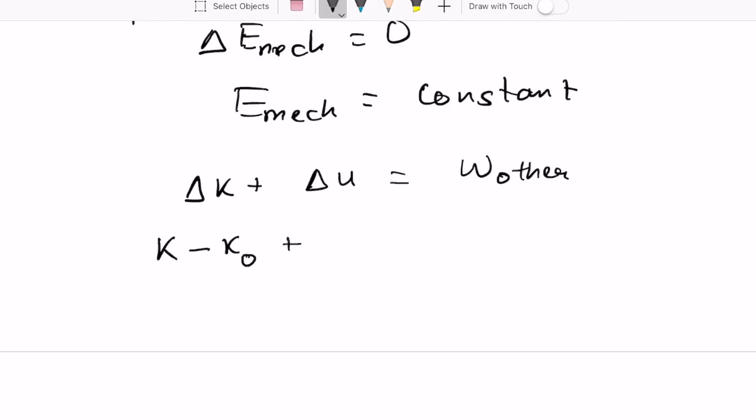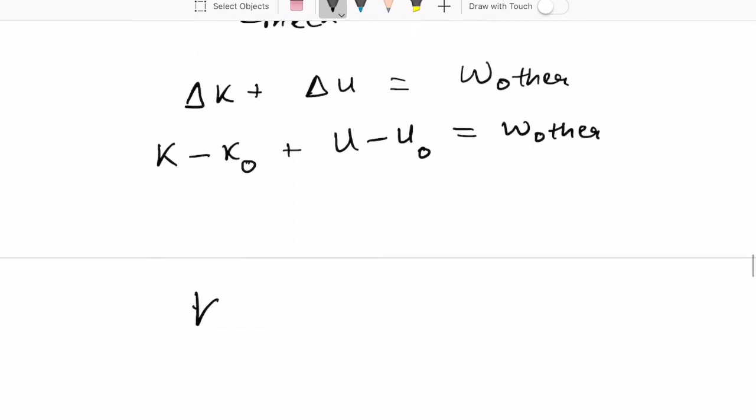Delta U I can write as U final minus U initial. That's equal to W other. Now I can just move the K initial and the U initial to the other side, right? And that would give me this equation.